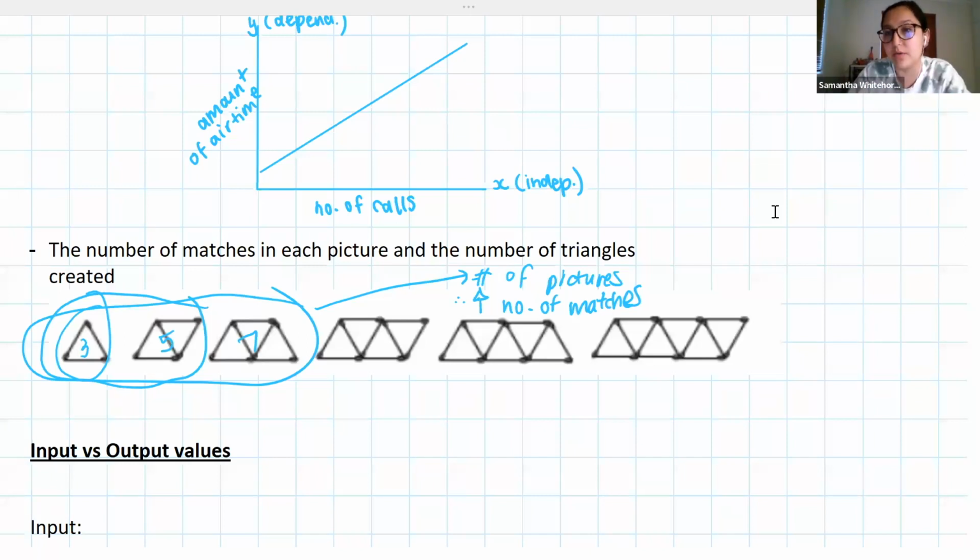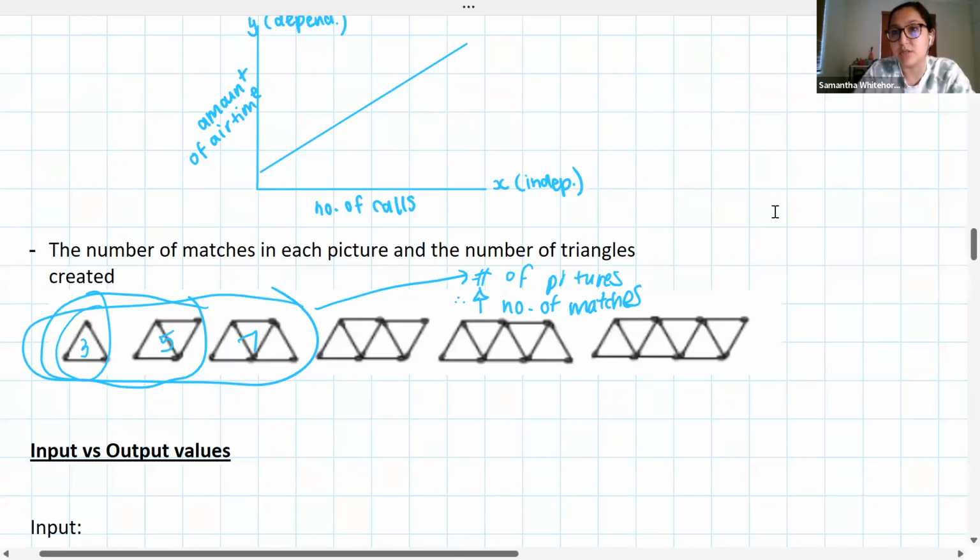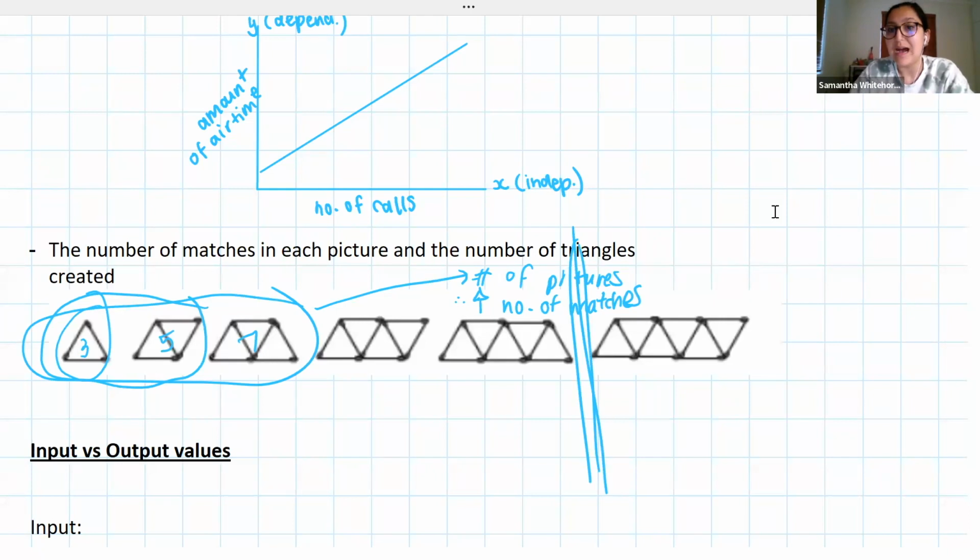Okay, so for example, if I only had built the first 5 pictures, I cannot build the 6th picture without having those 2 extra matches. Yes, it's only 2 extra, but I still need more than what I originally had for the 5th picture. So the 5th picture, I need 3, 4, 5, 6, 7, 8, 9, 11 matches. This next one, I need 13.